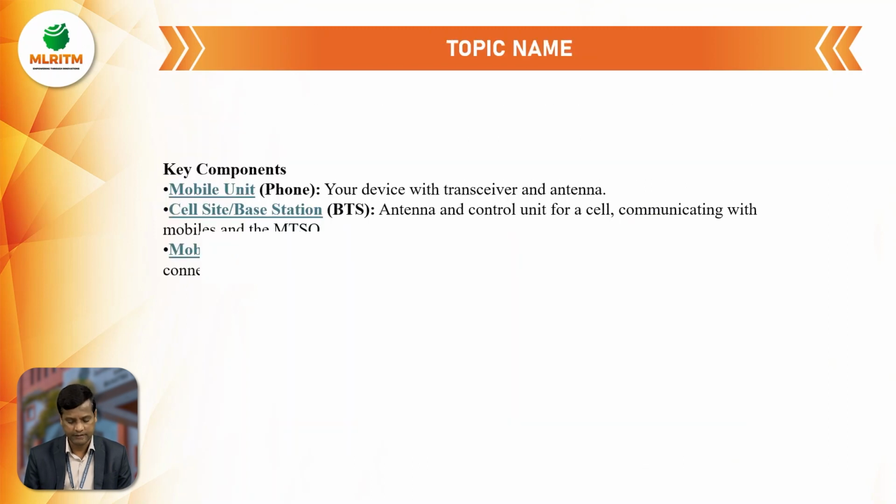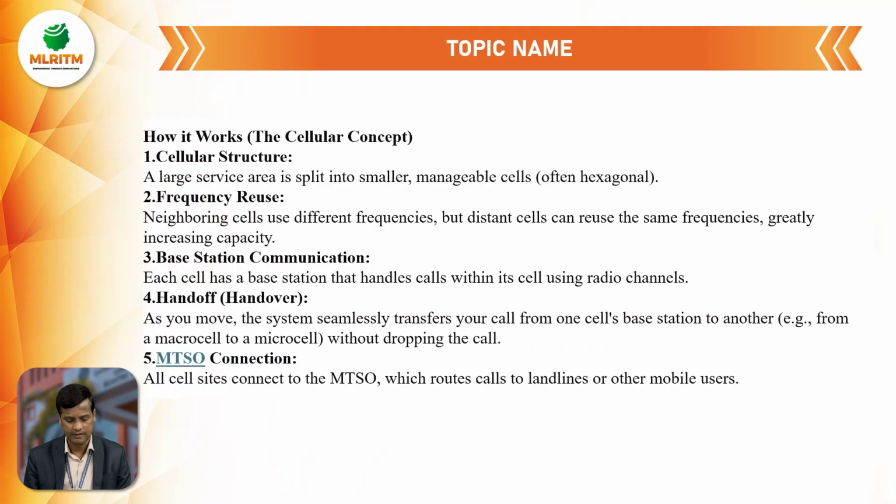The BTS, cell site or base station, has an antenna and control unit for communicating with mobile and MTSO. MTSO means mobile telephone switching office, right? These all are the key components of cellular systems.